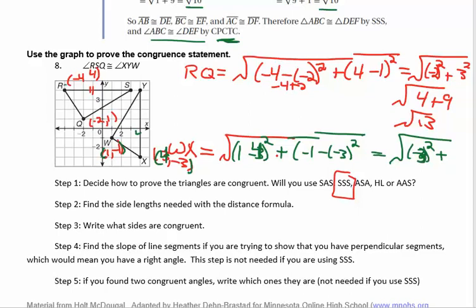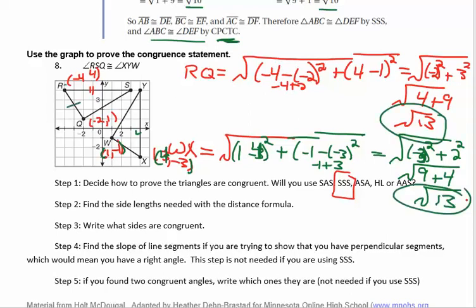And then the other one is correct. So this would be -1 plus 3. -1 plus 3 is 2 squared. So that would be 9 plus 4, and the square root of that would be square root of 13. So these are equal.